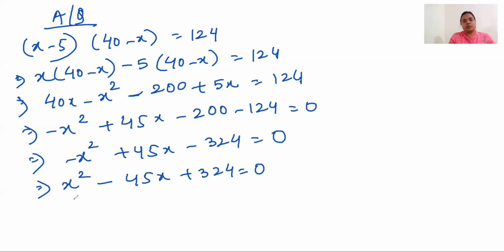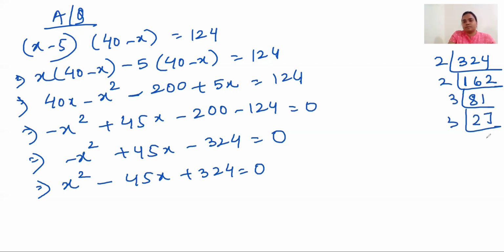324 into 1 is 324. I'll do the factorization of 324. So we have got these factors, and from these we should get 45. How can we get that? 2 fours are 8, 3 fours are 12, 27 minus 12.